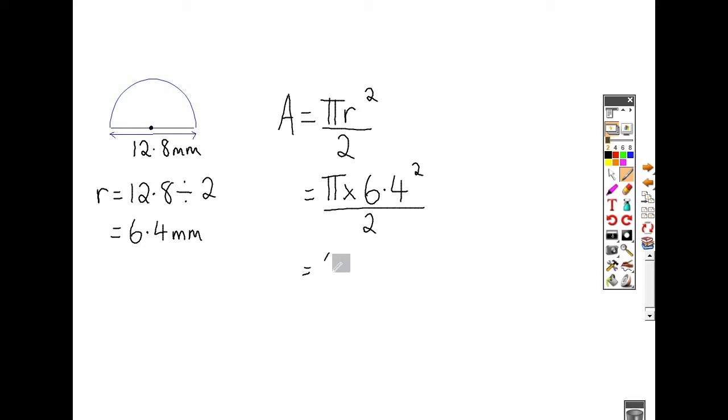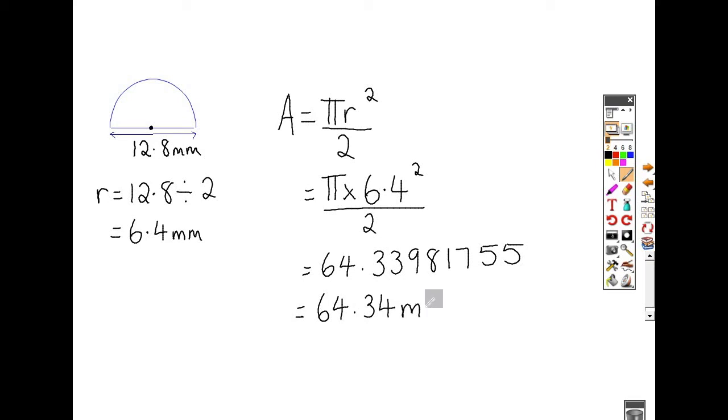And that should give you 64.33981755. Which is 64.34 millimetres squared to 2dp. So we've done one semicircle with a radius given in the question. This one here, semicircle with a diameter given in the question.